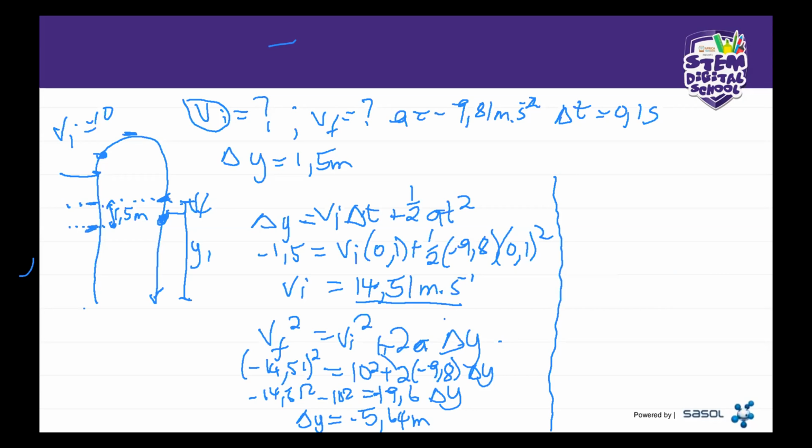So our y1 is equal to 50.50 minus 5.64. Okay, so that will be equal to 44.36 meters.